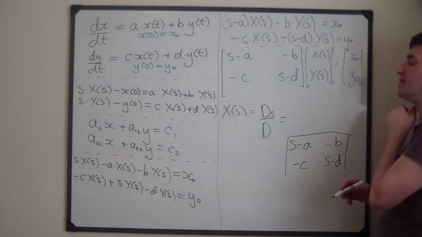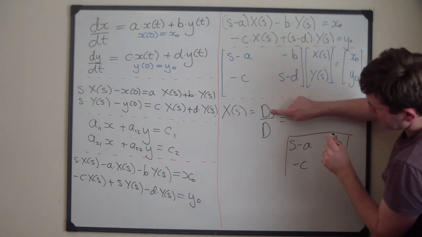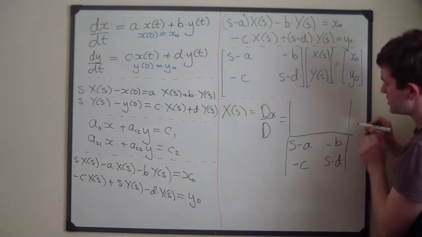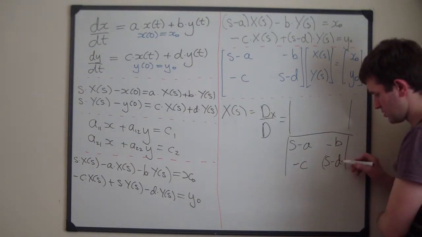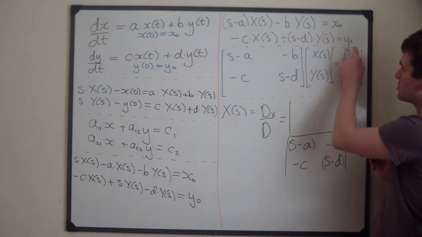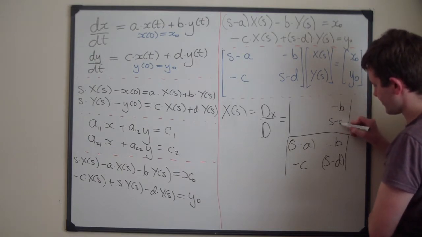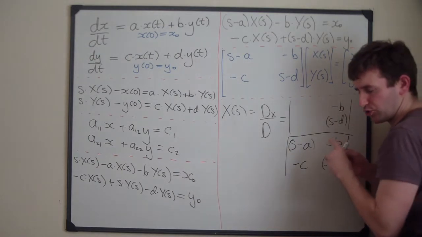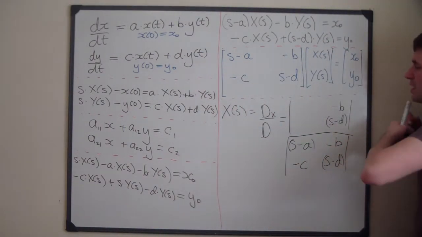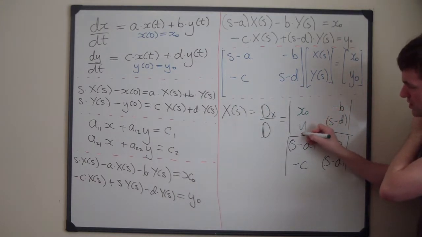Okay, and then Dx is the same determinant, but you replace the x coefficients with the constants. So the y stuff stays here, but replace the x coefficients with the constants x0, y0.